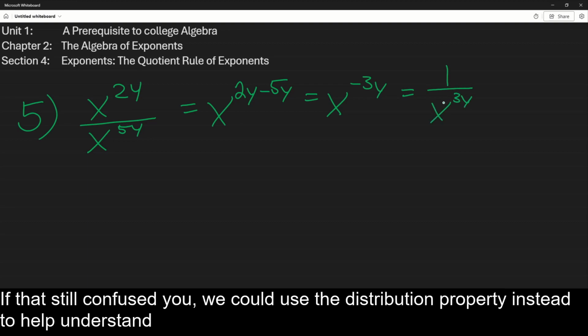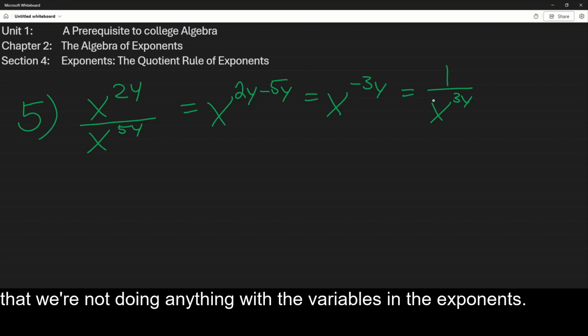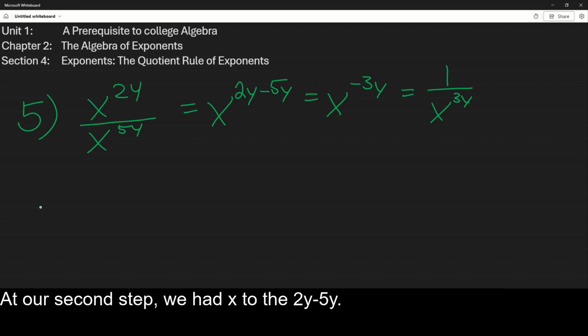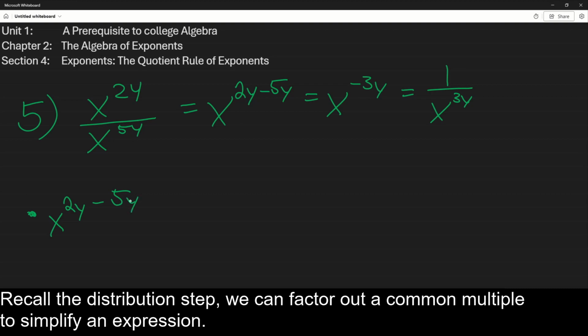If that still confused you, we could use the distributive property instead to help understand that we are not doing anything with the variables in the exponent. At our second step, we had x to the 2y minus 5y. Recall the distribution step. We can factor out a common multiple to simplify an expression.